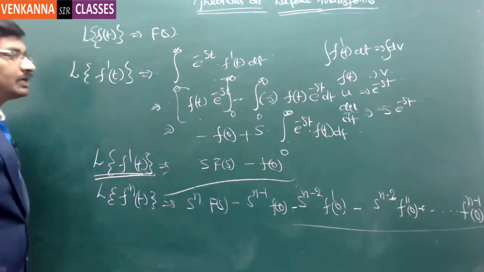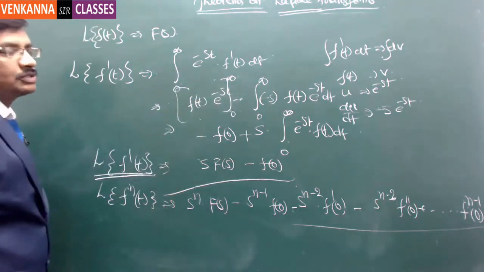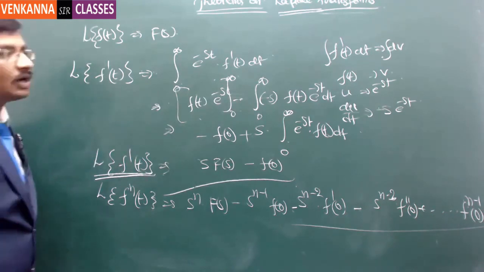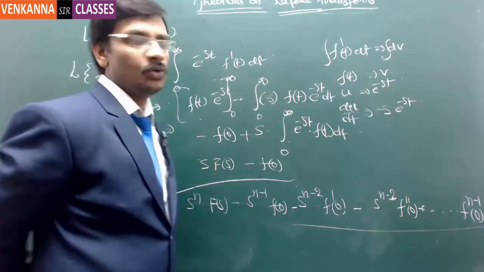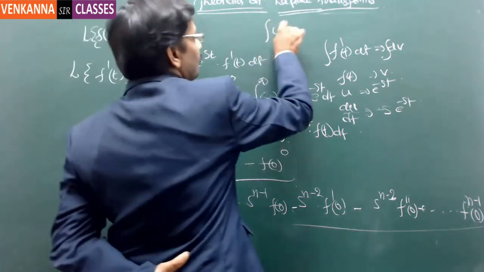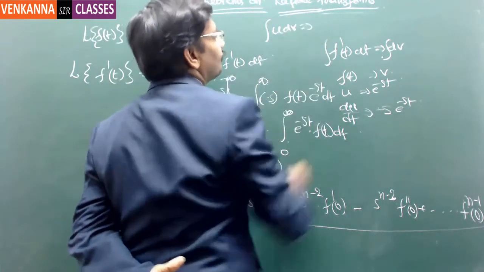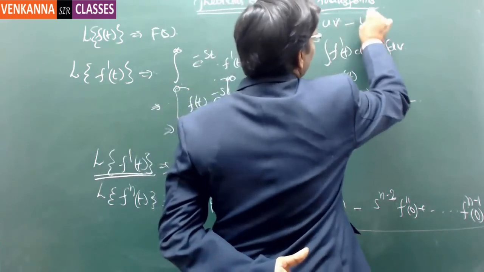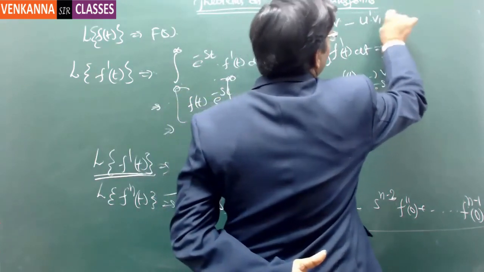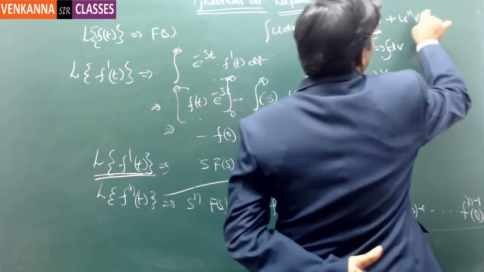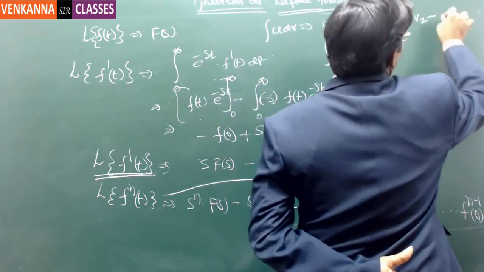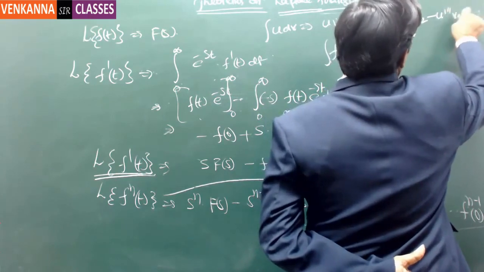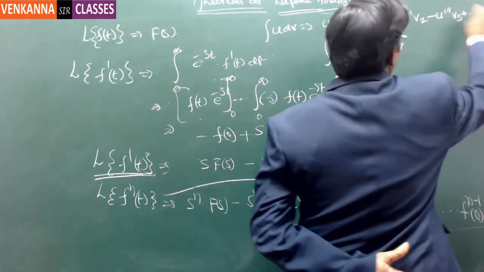This you can prove in exactly the similar manner. Use by parts and then you can prove it. Or else actually there is a chain rule, that is integral u dv is equal to u into v minus u dash v1 plus u double dash v2 minus u triple dash v3 plus and so on up to infinity.